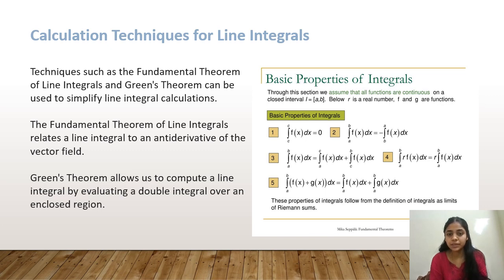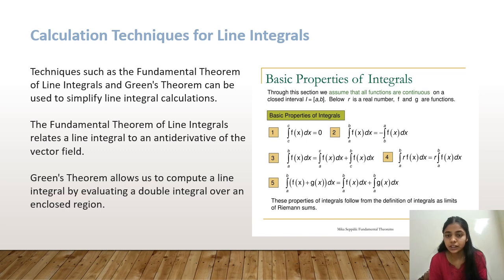These are the basic properties of integrals. Throughout this section, we assume that all functions are continuous on the closed interval I equals [a, b]. Below, r is a real number, and f and g are functions. First, integral from 0 to c of f of x dx equals c.